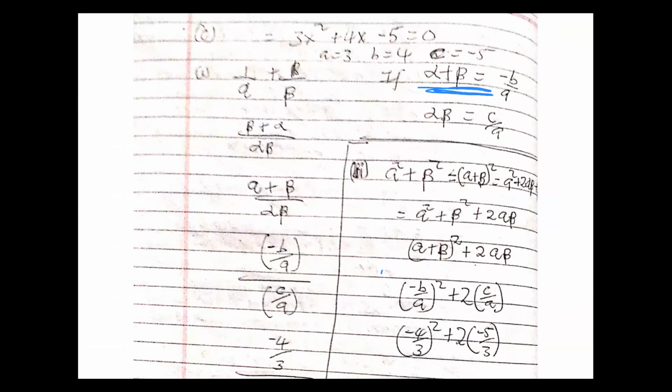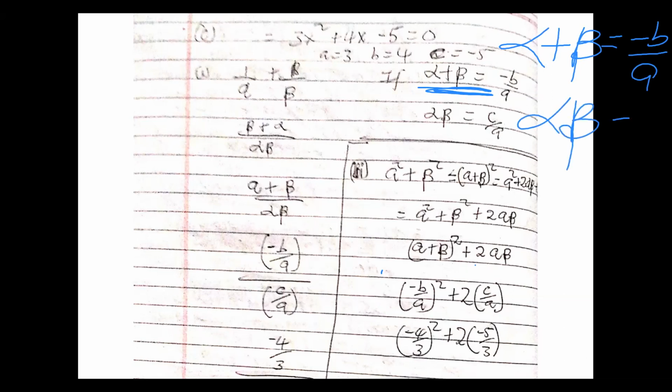But you can just take this as an identity: alpha plus beta is equal to negative B over A, and alpha beta is equal to C over A. That is all you need, it's enough to solve all these questions.